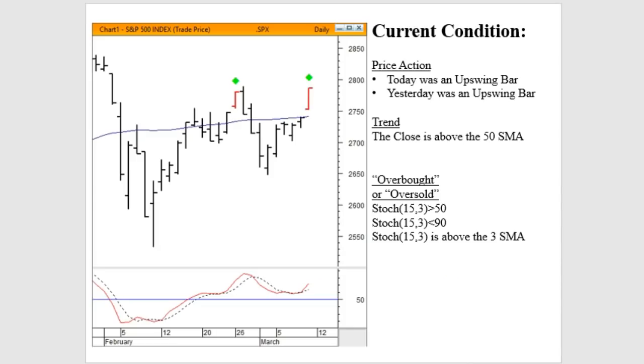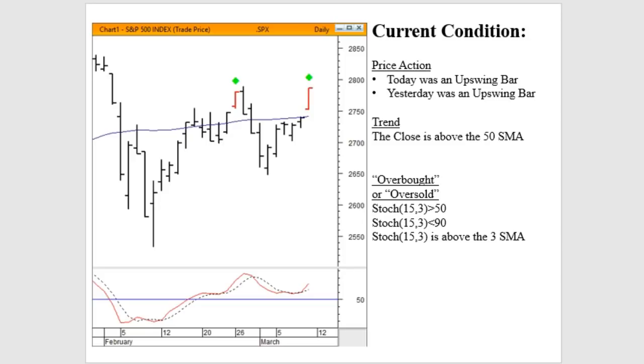Here is the current market condition. We define this in terms of three different dimensions: price action, trend, and the stochastics situation. In terms of price action, we have Friday being an upswing bar, higher high, higher low, following another upswing bar, two consecutive upswing bars. This occurred with price being above the 50-day simple moving average, so we are in an uptrend long term.